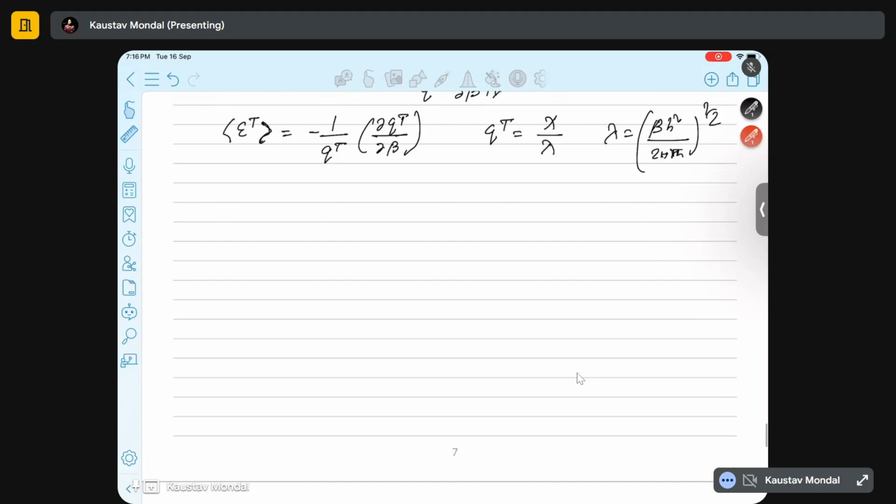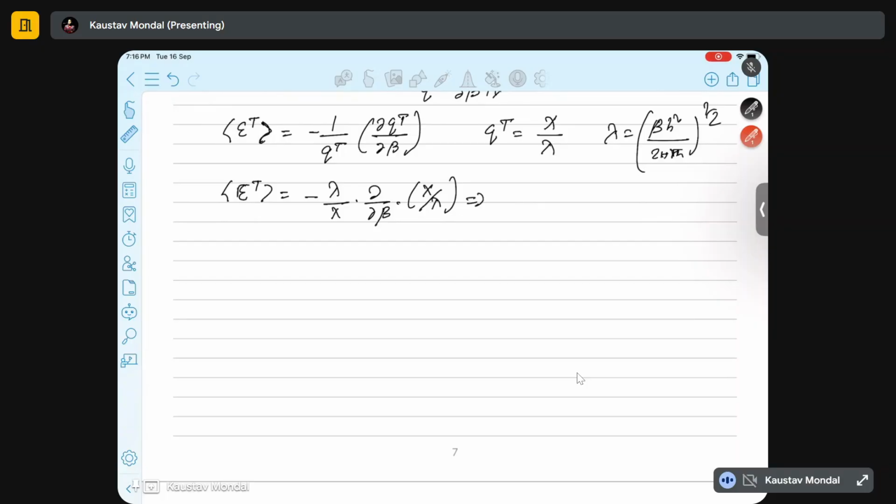Now if you do the calculation, E_t is simply, the lambda by x will be outside, del beta of x by lambda.